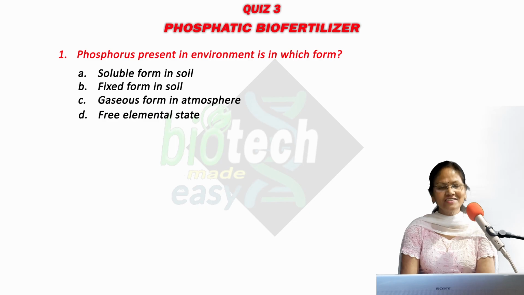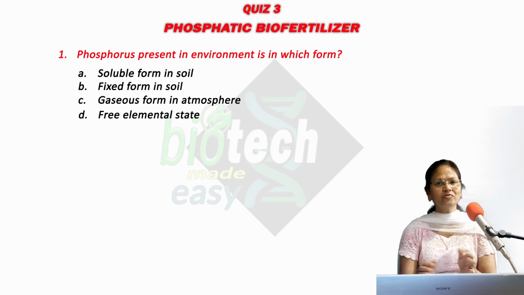The first question is, phosphorus present in the environment is in which form? Soluble form of soil, fixed form in soil, gaseous form in atmosphere, and free elemental state. Here I must tell you that phosphorus, although present in the environment in large quantity, is highly reactive to oxygen, and it makes compounds.